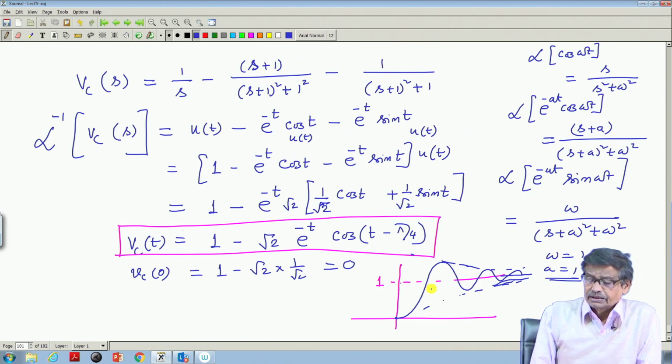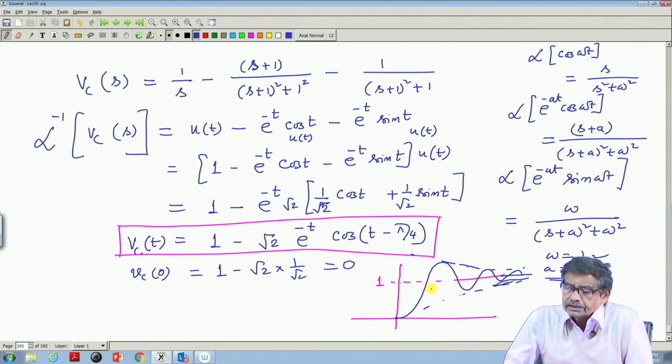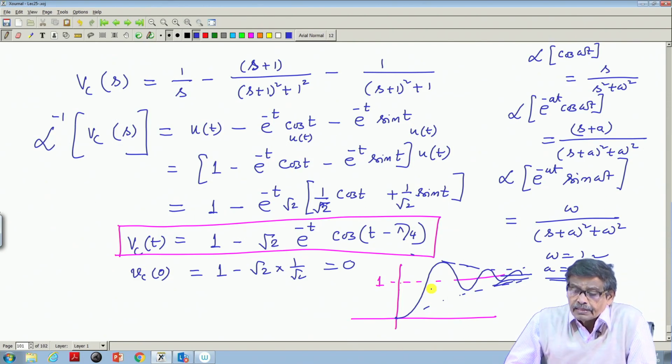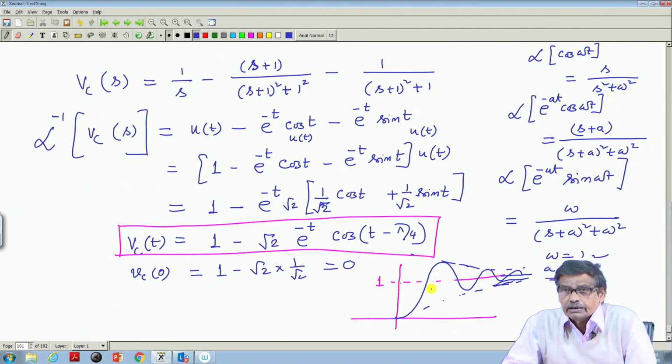So, here the highlight was, given a circuit, you first draw the circuit in S domain, so that you can avoid writing the differential equations. That of course, you can do provided all initial conditions are relaxed, then it is very straightforward. Then find out anything you like, voltage across any element of the circuit. After you have found I s, multiply with the respective impedance to get the Laplace transform of the voltage across that element.